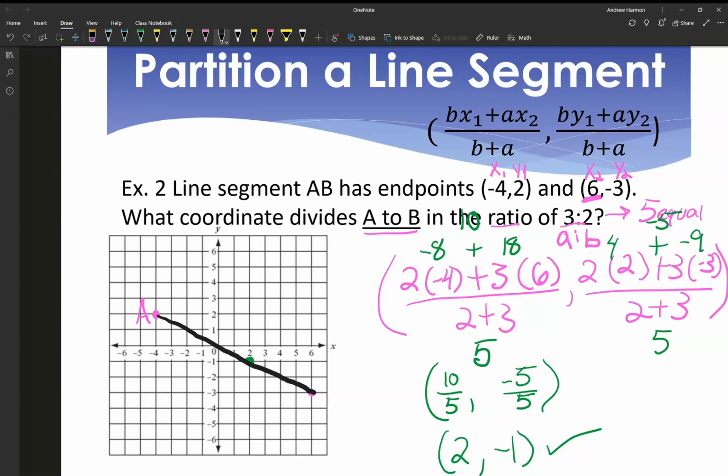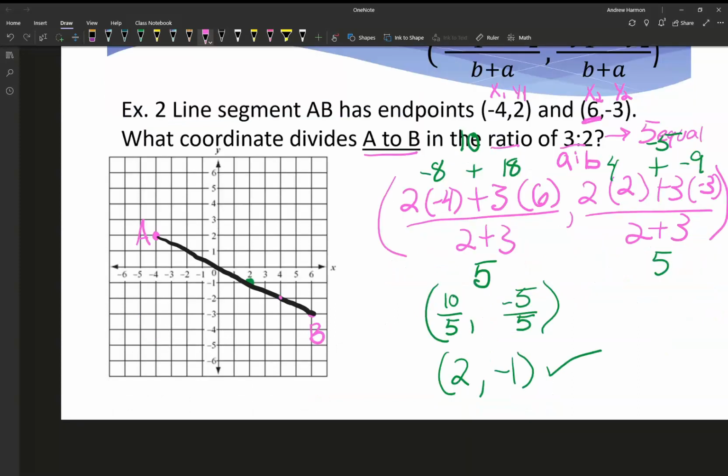here, we can kind of take a look at these points here, kind of line up really nice on the line. So this is up 1 over 2, up 1 over 2. So I took 2 steps to get to that partitioning point we found. And if I look at the other side, again, same steps, 1, 2, 1, 2, 1, 2.